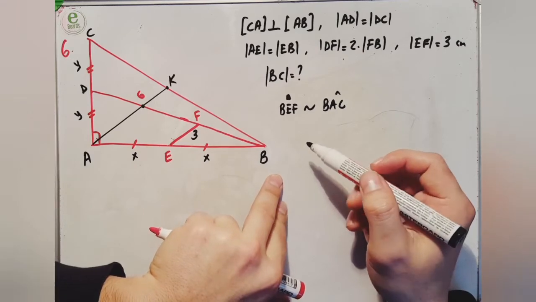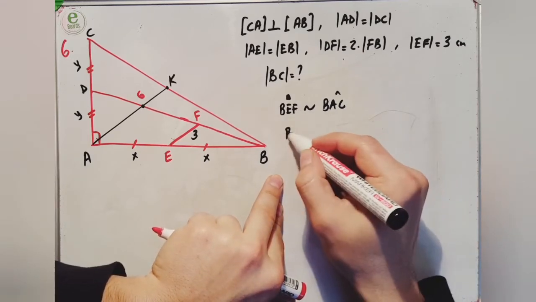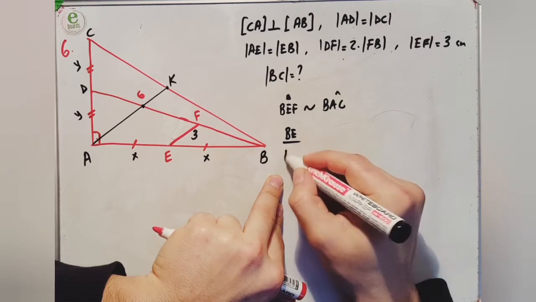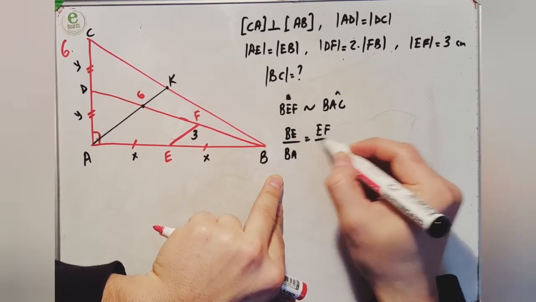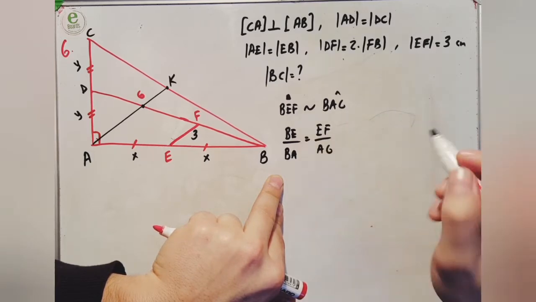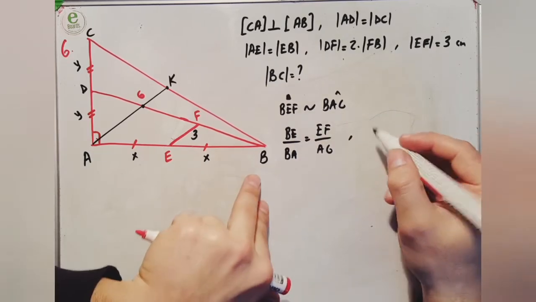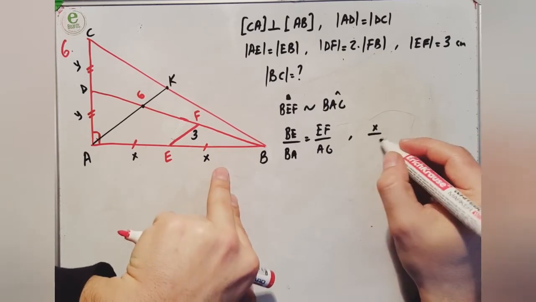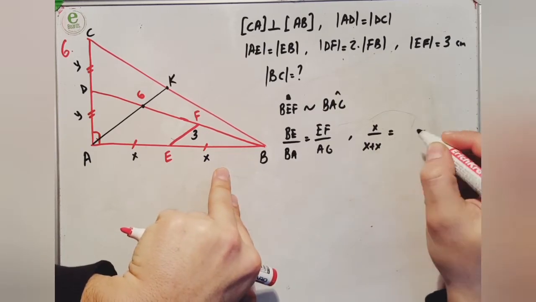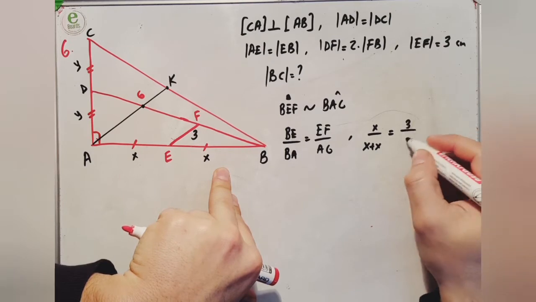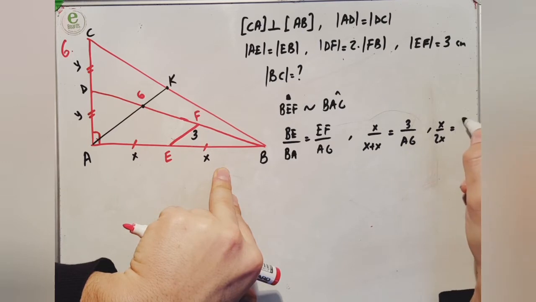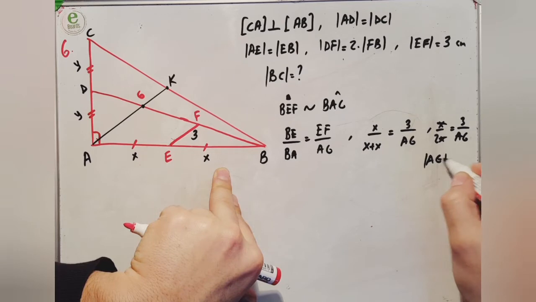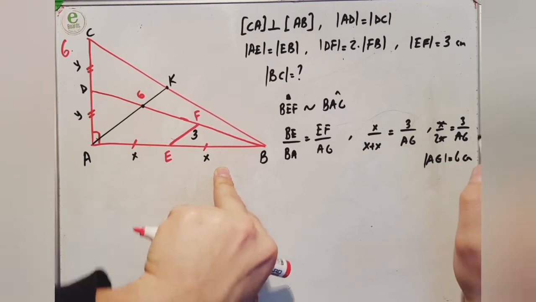So by the triangle proportionality theorem, BE over BA equals EF over AG. So BE is X, BA is X plus X, equal to 3 over AG. So X over 2X is equal to 3 over AG, and AG will be 6 cm.